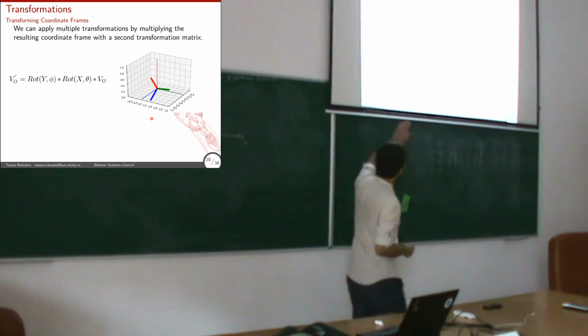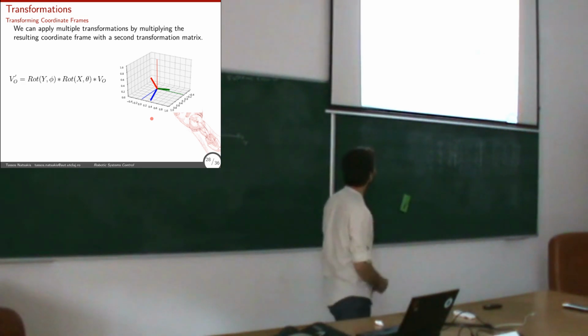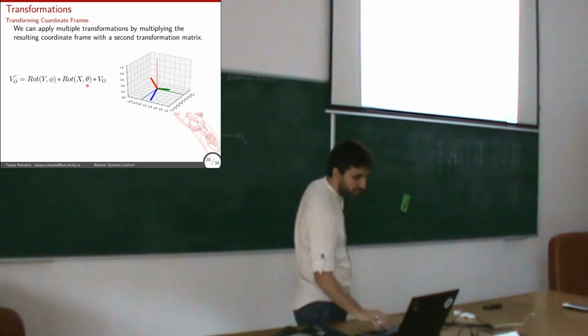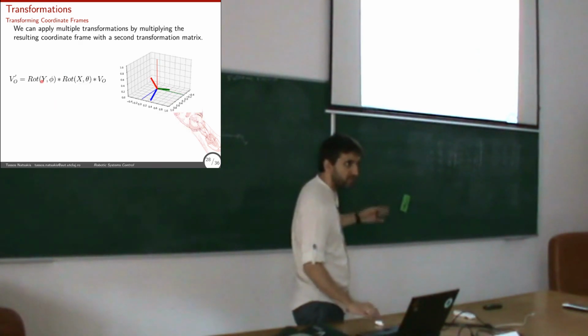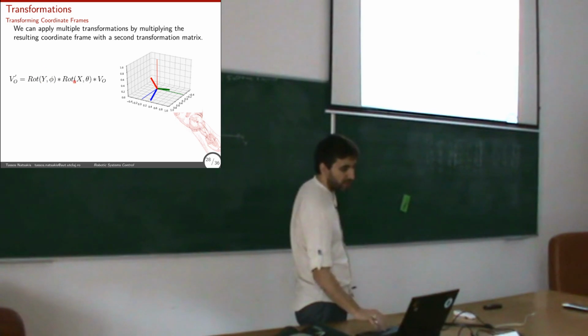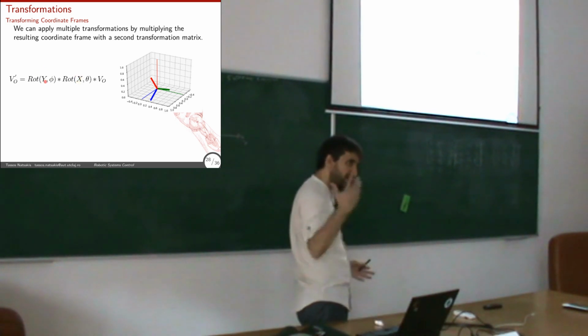But you remember, I first do this multiplication, like here, and then the result I multiply from the left to this. So basically, I first rotate around x, and then I rotate around y. So I read from right to left.